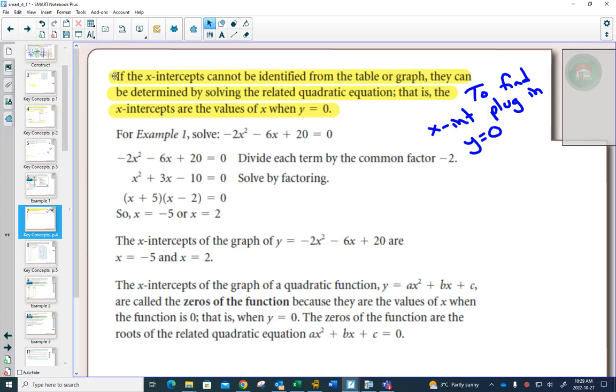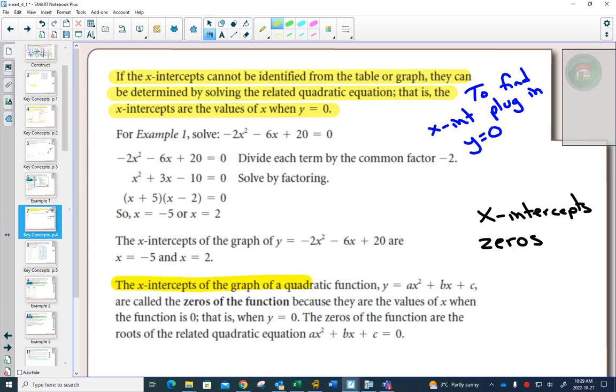And this is where, off to the side, I would like you to write the following things all mean the same thing, but are used in different contexts. So we just talked about x-intercepts. Sometimes they're called zeros. You can highlight that at the bottom here.